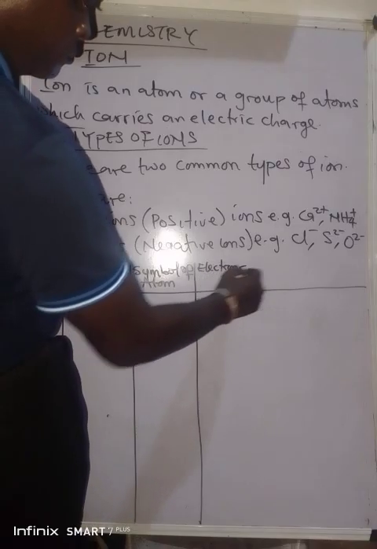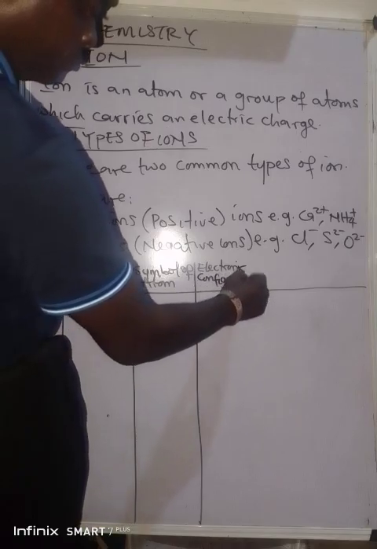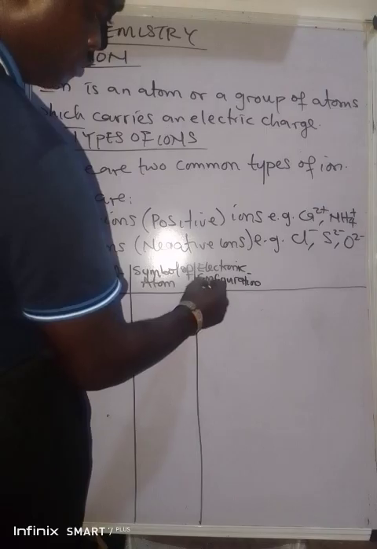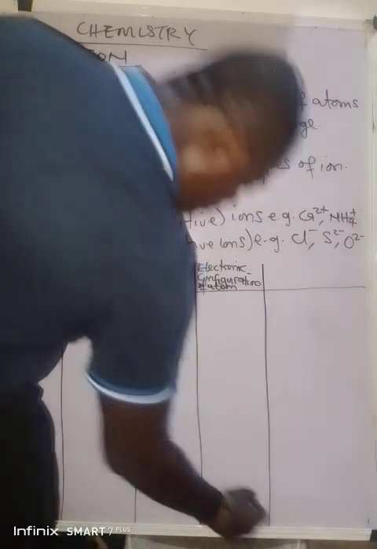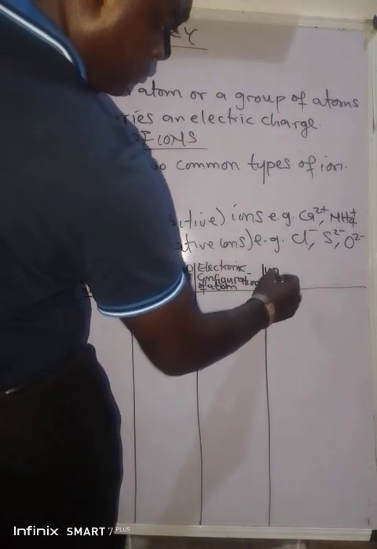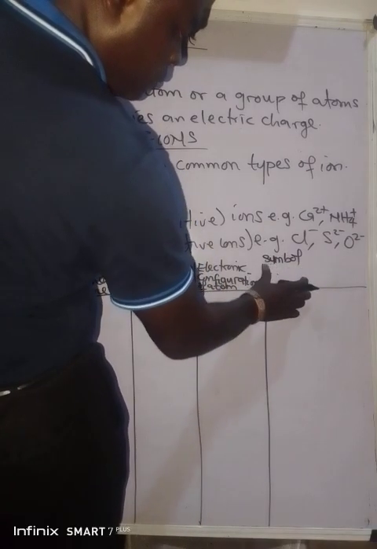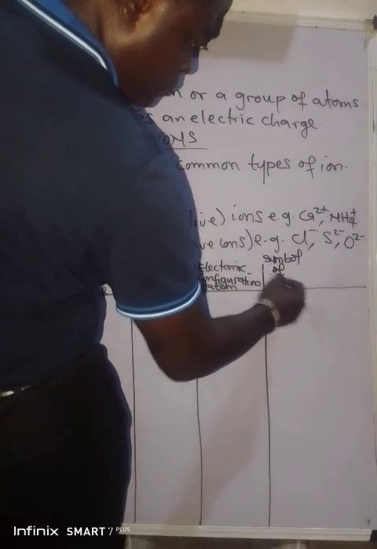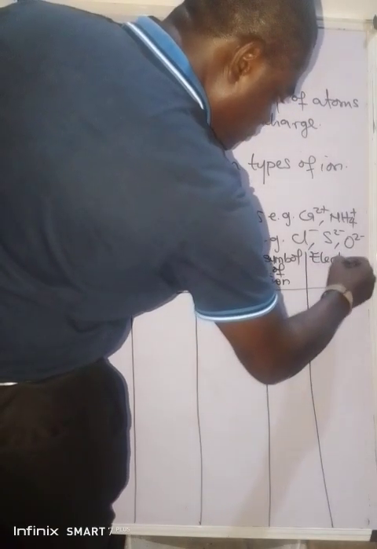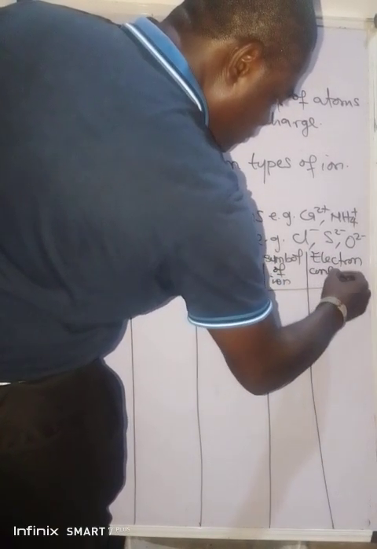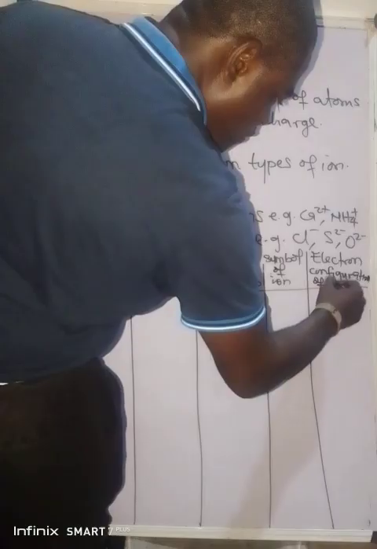Electron configuration of atom. Ion. Symbol of ion. Electron configuration of ion.